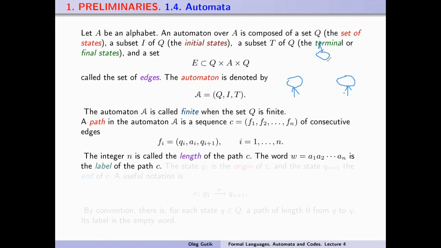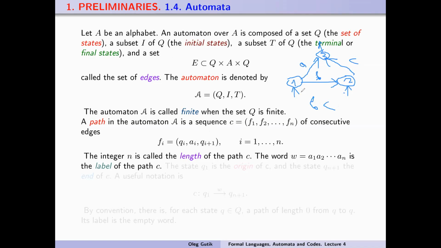When we have some arrow, we denote this arrow by a letter of the alphabet A, for example a, b, c. Suppose we have a path from the initial state 1 through 2 to 3, with the path labeled b c.